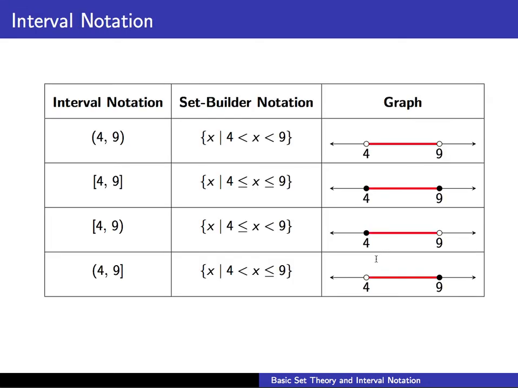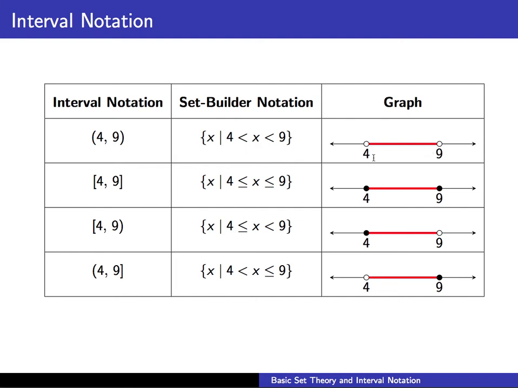So interval notation is a shorthand way of writing inequalities. So for instance, again looking at the set builder notation here, just focusing on the stuff that's to the right of the vertical line, we have the values of X that are greater than 4 but less than 9. The graph of that on a number line, we would shade all the numbers between 4 and 9, and because we're not including them, we use open circles.